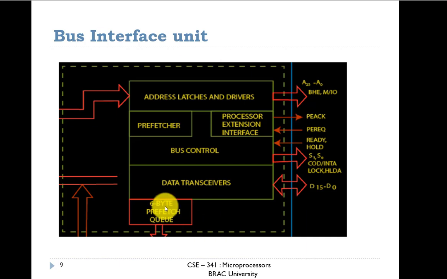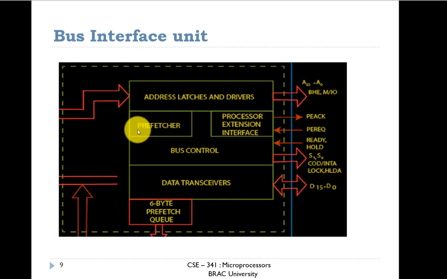As you can see here, this block contains the address latches and drivers, which hold the 20 or 24-bit physical address. It has 24 address lines from A0 to A23. It also generates two control signals, BHE bar and M/IO bar, that is memory or input output bar.